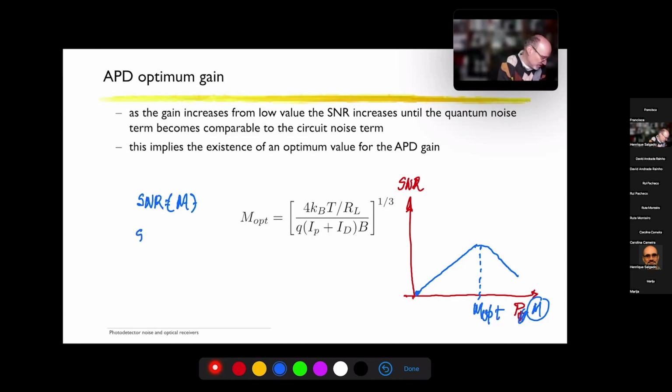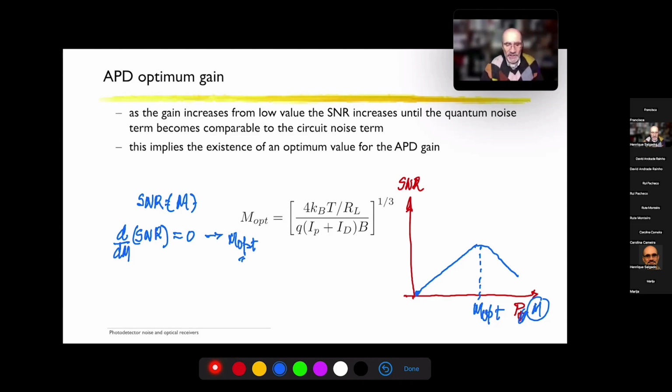And so if we take the derivative of the signal-to-noise ratio over the gain of the APD, and we equate this derivative to 0, then the value that we obtain from this equation is the optimum value.